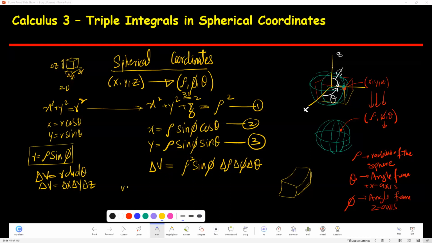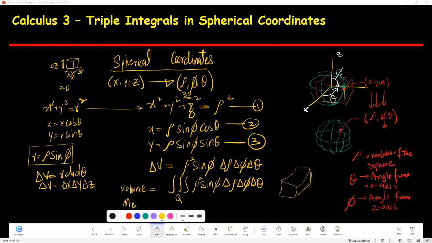Another two things. Volume used to be written differently. We just wrote three integrals with r delta r d theta, or dx dy dz. Here we can write out this delta V like this: rho squared sine phi delta rho delta phi delta theta. That's my volume.